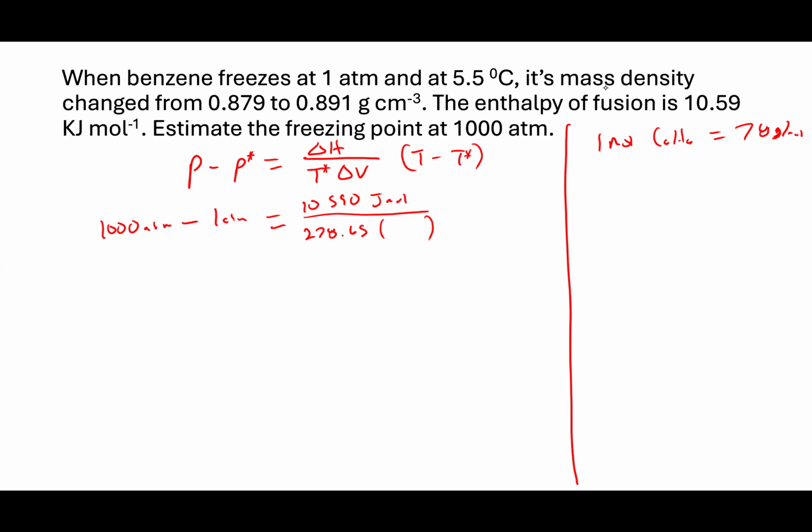So let's assume that we have a full mole of this, because again, these are molar values here. Molar volume, molar enthalpy. All right. In that case, we'll just get rid of that molar entropy thing right there. Right. So we're going to assume this is a mole of it. So if we have 78 grams, right?